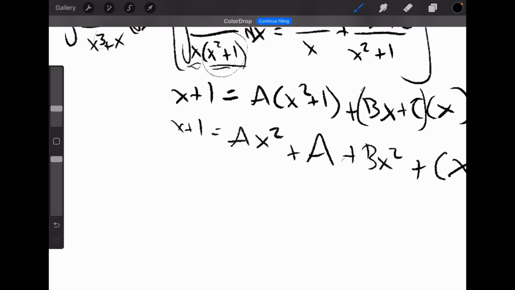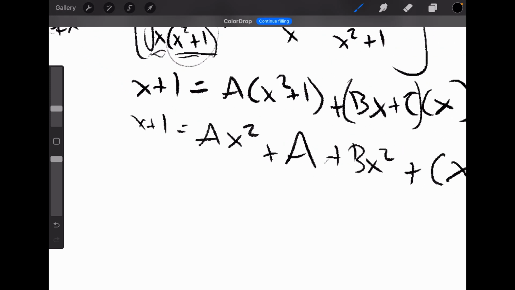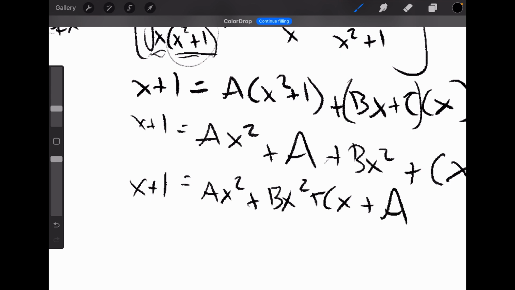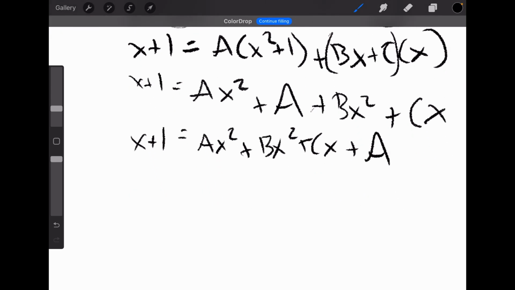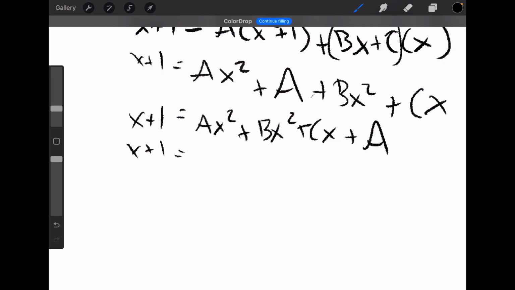And now we're going to write this in correct order. So x plus 1 is equal to ax squared plus bx squared plus cx plus a. And then I can just group this together and do a plus b x squared plus cx plus a.